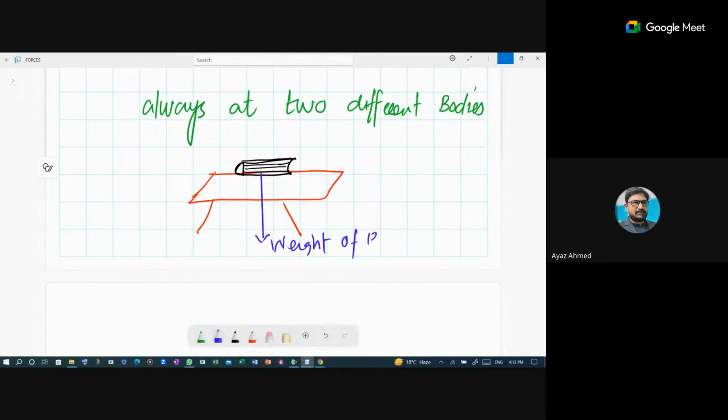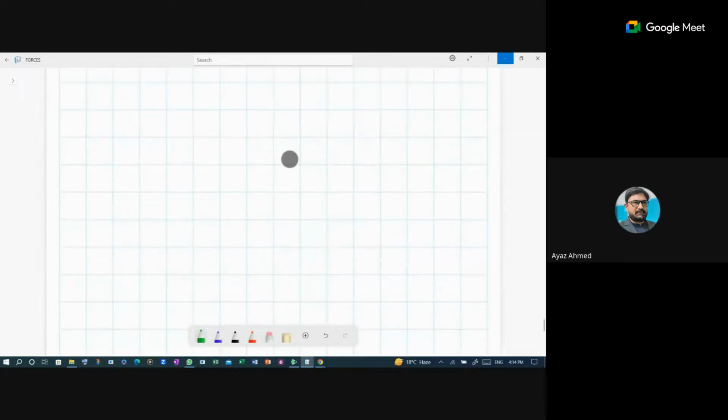Now, this is an action force. So what is the reaction force? Usually people say this is the reaction force, but no, it is the normal reaction force, or simply the normal force. Let me explain in a different way on the next page.